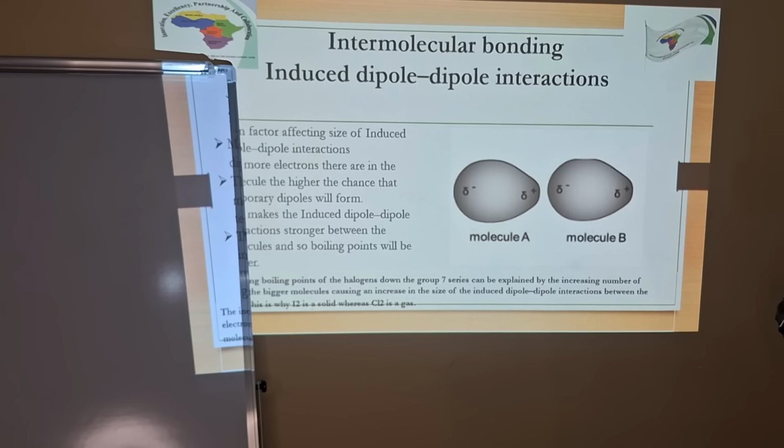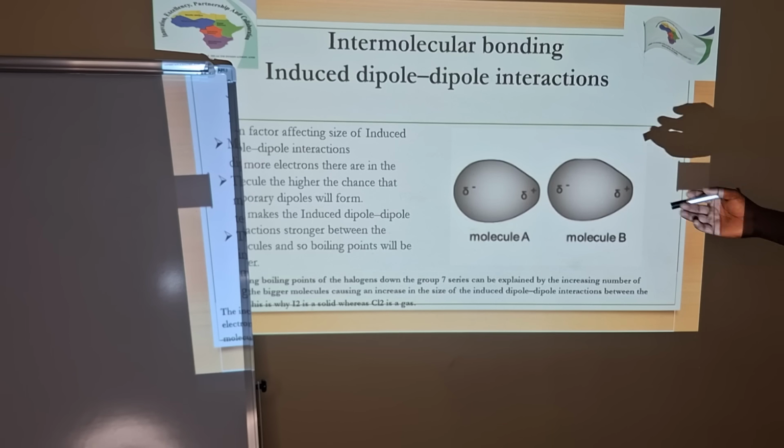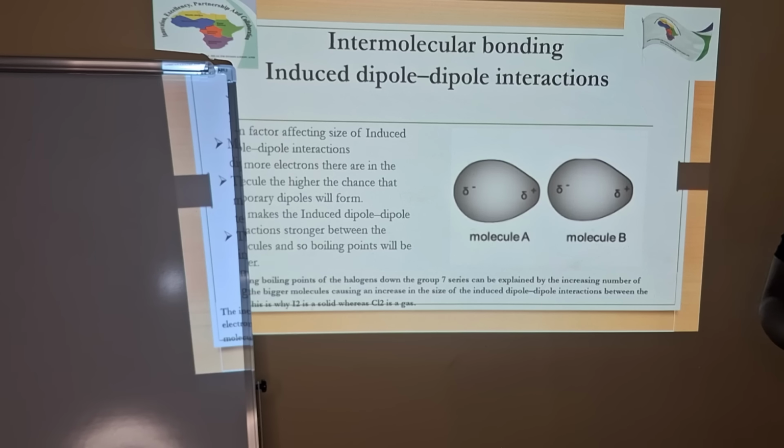That also explains the increasing boiling points of the halogens as we move down group 7. It also explains why in group 7 fluorine and chlorine are gases, bromine is a liquid, and iodine is a solid. It's all due to the presence of induced dipole-dipole interactions.